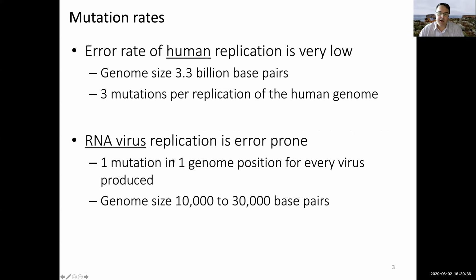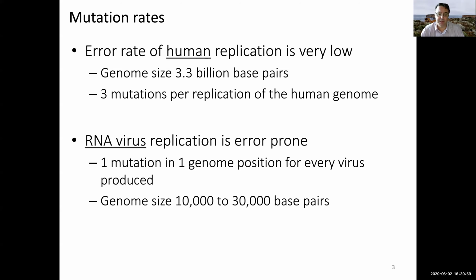If you look at a comparison with humans, there are very few mutations per replication cycle of the genome. So 3 mutations out of a genome of 3.3 billion base pairs. But for RNA viruses, we have a rate that's much higher for a much smaller genome.